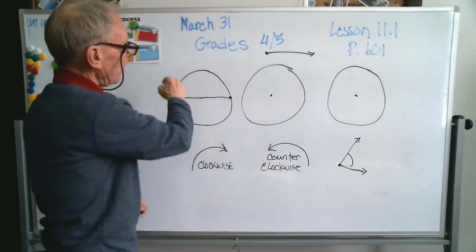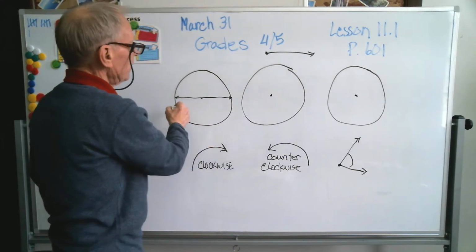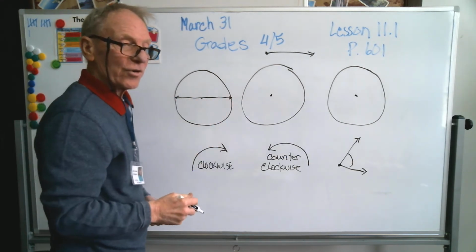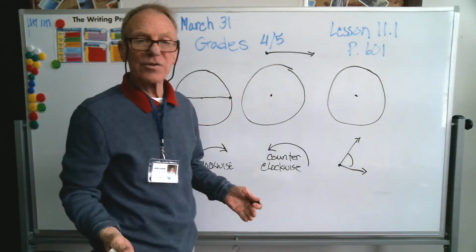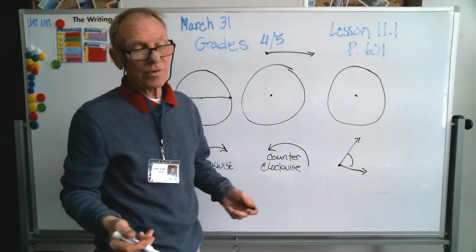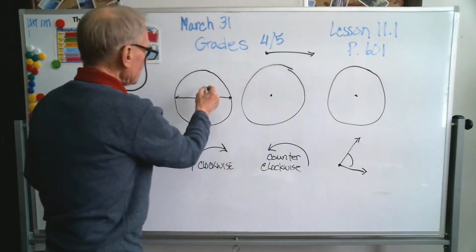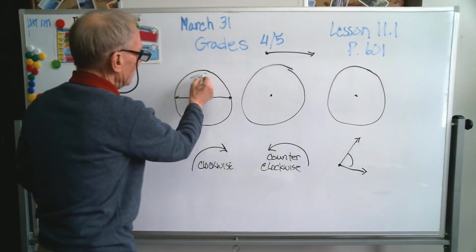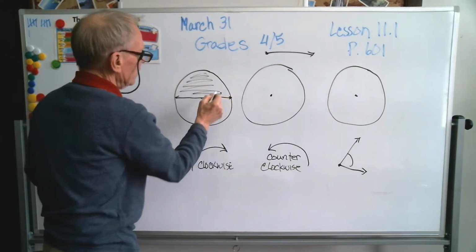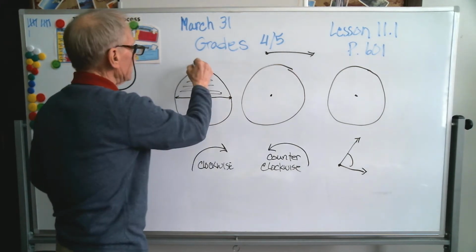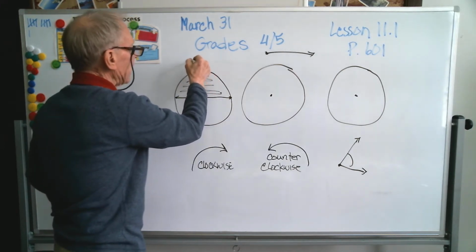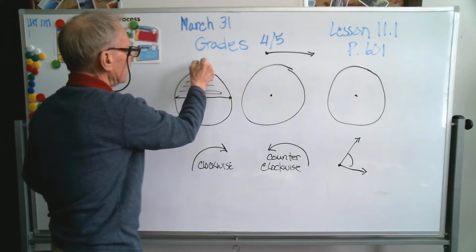And as far as degrees are concerned, it's 1/2 of the circle, 1/2 of 360, which is 180 degrees. So this area up here, if we wanted to define that, we'd say that is a straight angle, and it's 180 degrees.